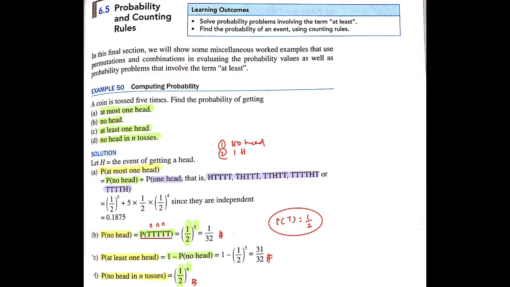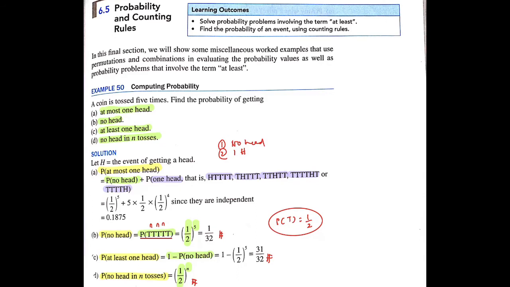So for the probability of no head, we already have the answer, 1/2 to the power of 5. However, for the probability of one head, we have different cases we need to consider. It can be head at the first toss and others are tails. It can be head at the second toss, others are tails. Head at the third toss, head at the fourth toss, and head at the last toss.